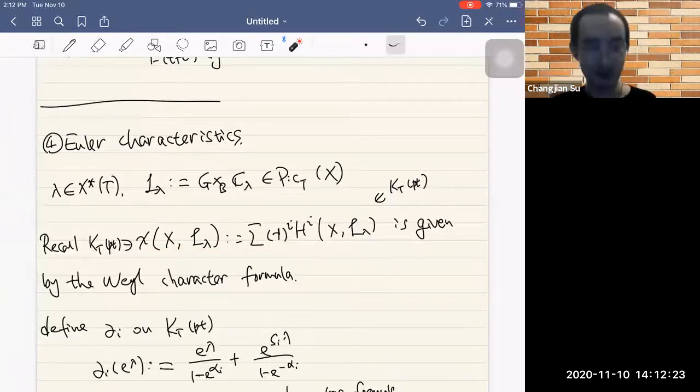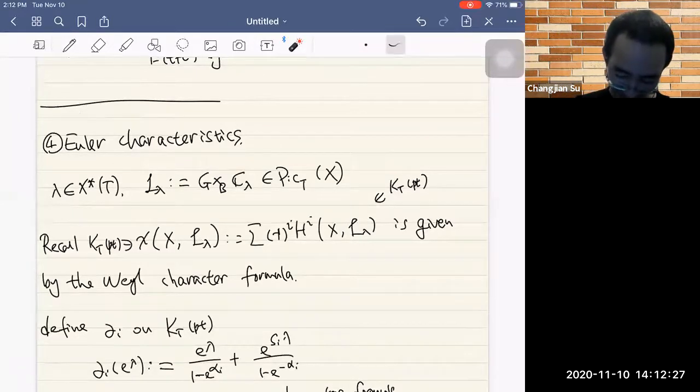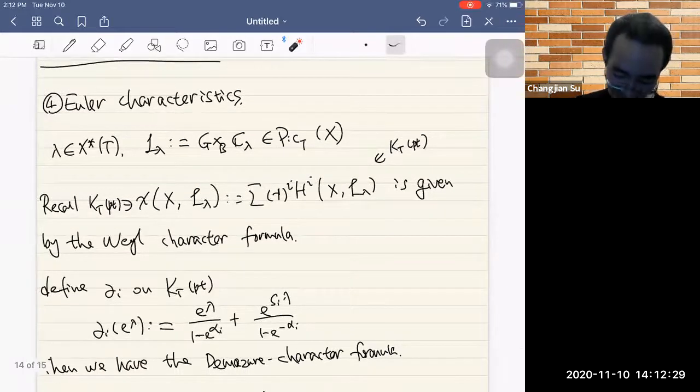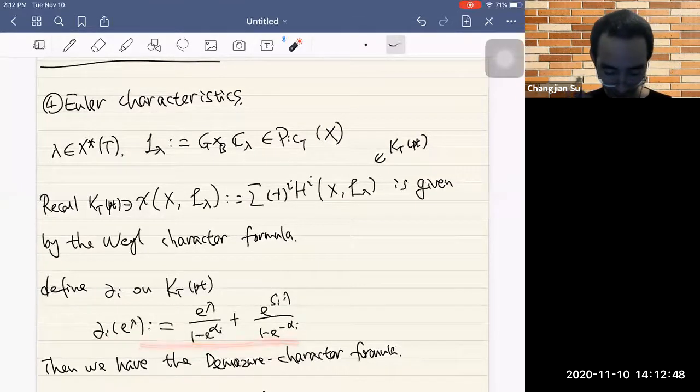So I think Andre almost asked his students during their oral exams this question. Anyway, there is also a slight generalization of this formula due to Demazure. We can define some operator, partial i, called the Demazure operators. Partial i applied to e lambda, anyway, just define it this way.